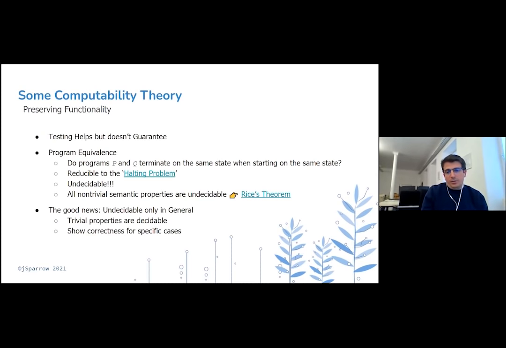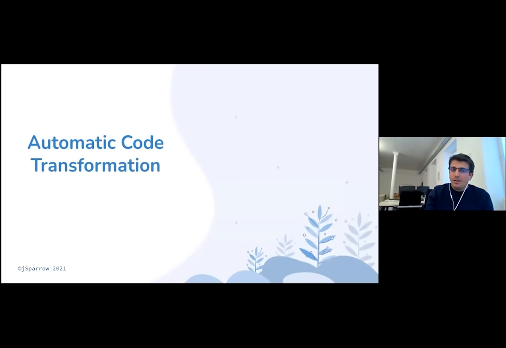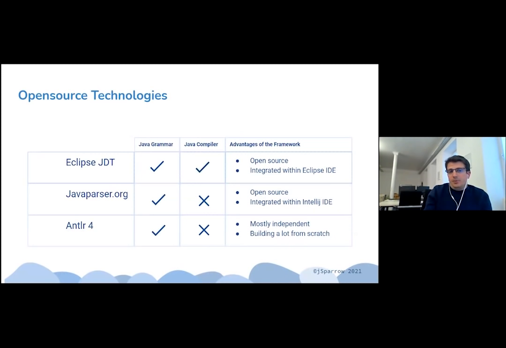And to analyze syntactic properties, it's enough to parse the code into an abstract syntax tree, a data structure that represents the code, and then by walking that tree, we can find out about all syntactic properties that the program contains. To do that, we make use of language parsers.